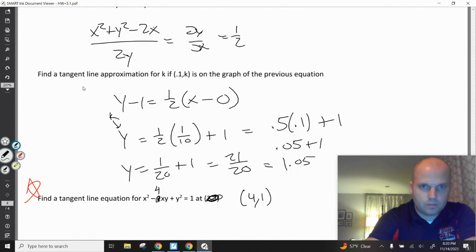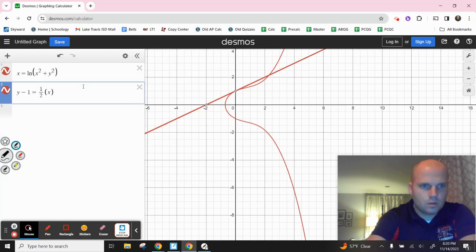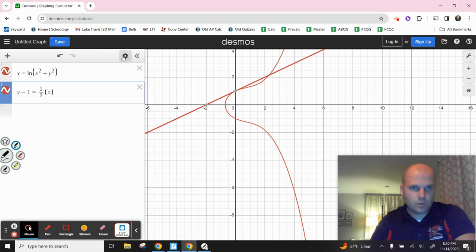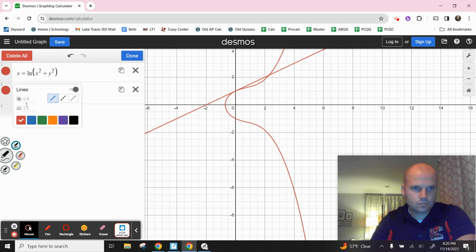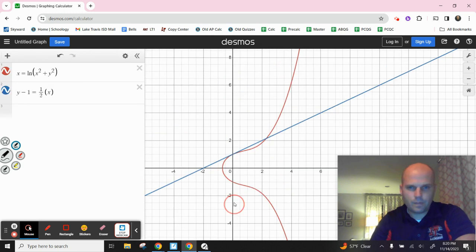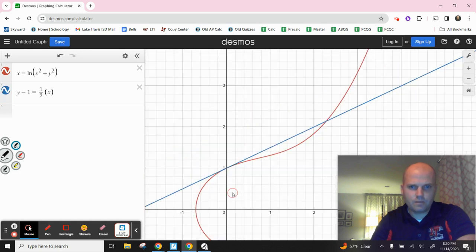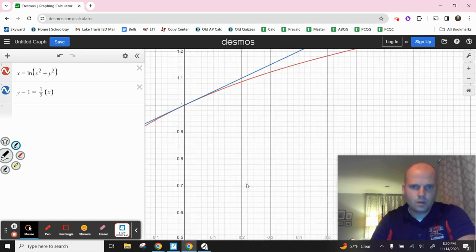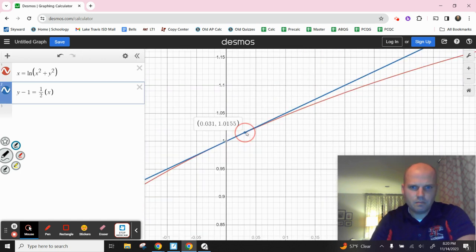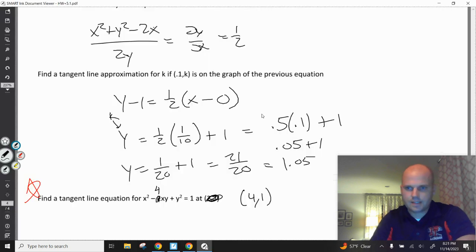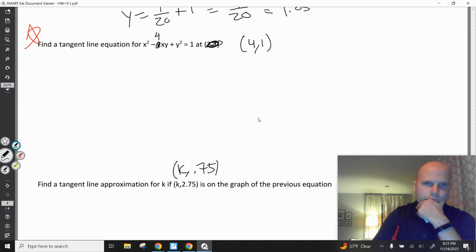I don't like how it's in red as well. There you go. And if I zoom in, the line mimics the curve really close to this location. And that's what we learned last unit.